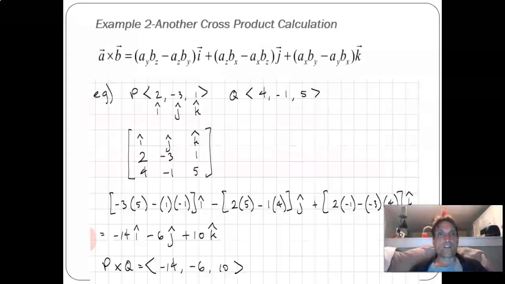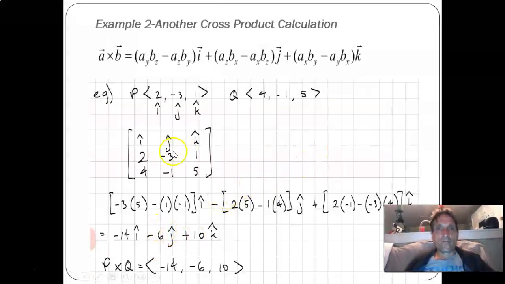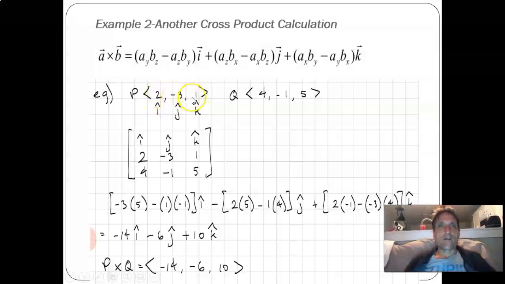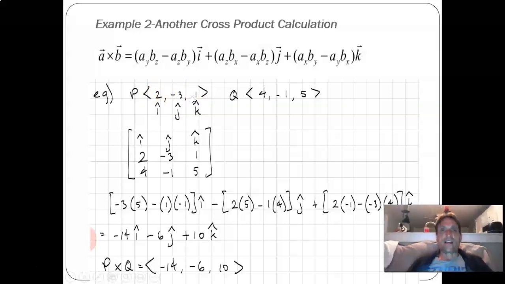Okay, let's do one more example. Suppose this is vector P, and suppose its coordinates are 2, -3, and 1. So 2 along the I direction, -3 along the J direction, 1 along the K direction.